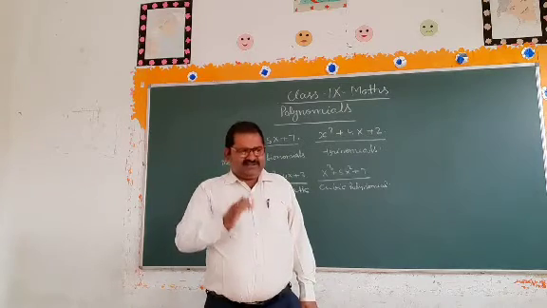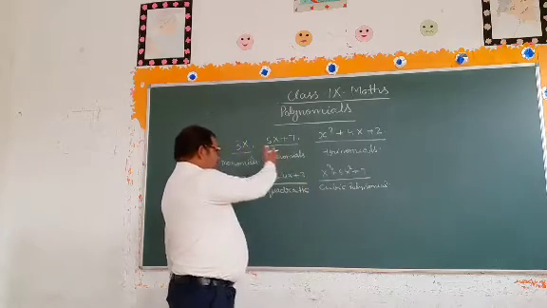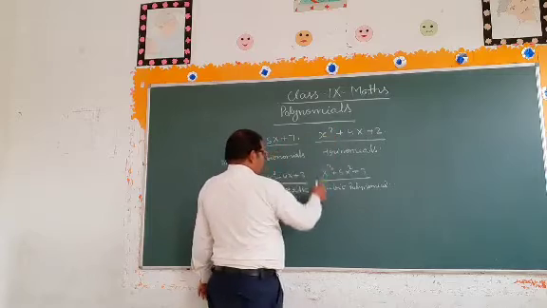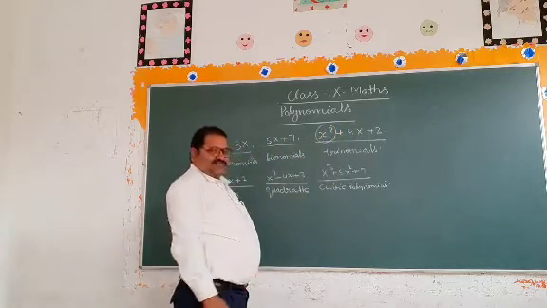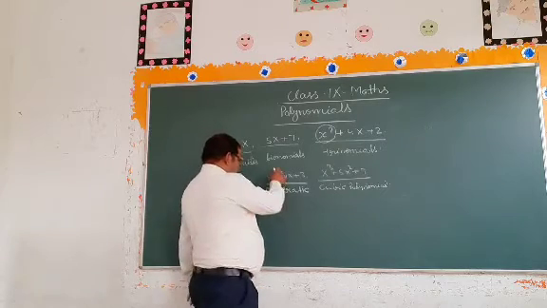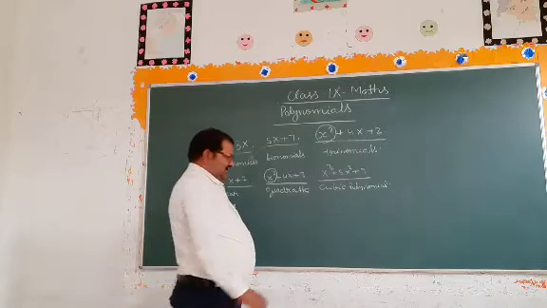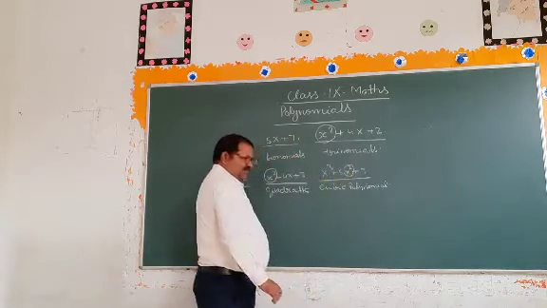Now we define the coefficient of x square in the given expressions. In this expression, the coefficient of x square is 1. In this expression, the coefficient of x square is plus 5.